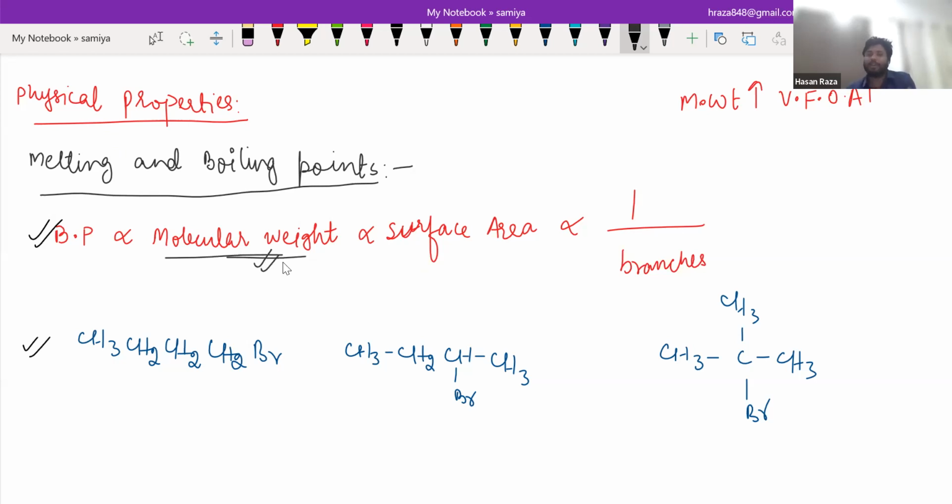How are we gonna decide? On the basis of surface area or branching. You can see the surface area of this is higher than this. So this will have the highest boiling point, then this, and the lowest boiling point will be of this compound. I think it's clear.